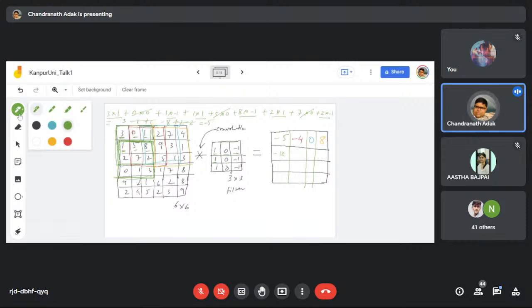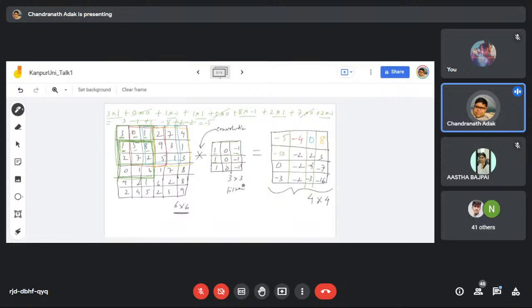So let's fill it up quickly. You can calculate by yourself in this way. When we write the program, it is calculated automatically; manually we don't have to, obviously. Minus 16. So a 6 cross 6 image convolved with a 3 cross 3 filter gives a 4 cross 4 image.